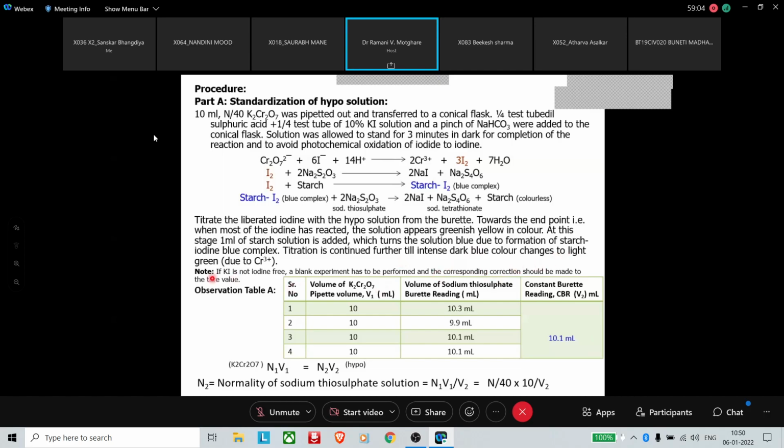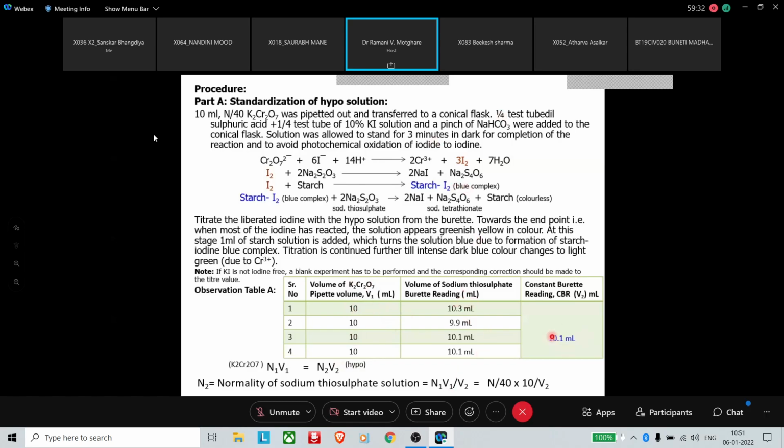If KI is not iodine free, a blank experiment has to be performed and the corresponding correction should be made to the titer value. Okay, so this is potassium dichromate taken 10 ml. To this you are adding H2SO4 and, for the standardization part, H2SO4, KI solution, a quarter test tube, and a pinch of sodium bicarbonate, and you keep it in the dark and then you perform the titration.